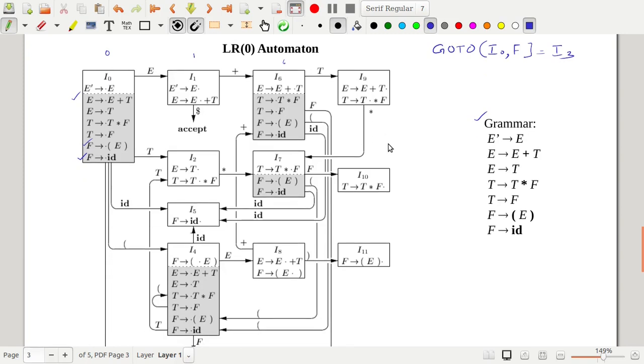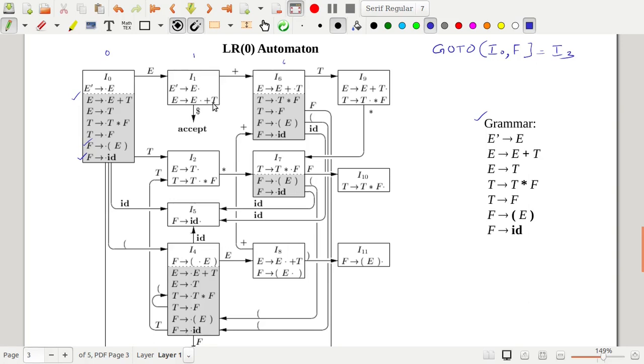Then next we can consider for I1 the same procedure. Here this contains two items: E dash gives E dot, and E dash gives E dot plus T. So first we can consider the action side of our table. So here after this dot we have plus.